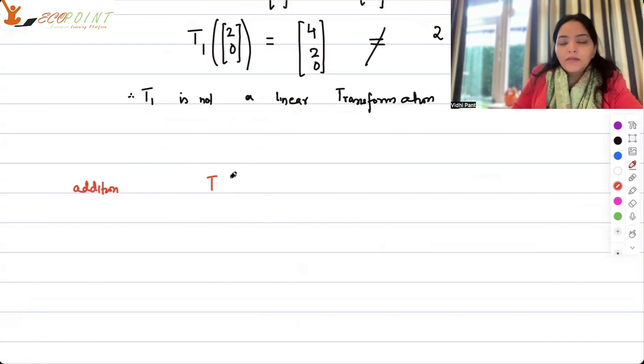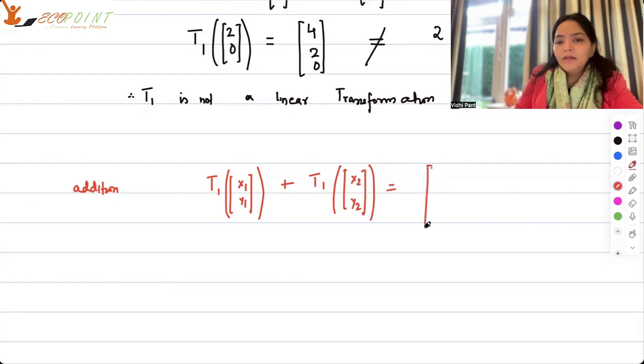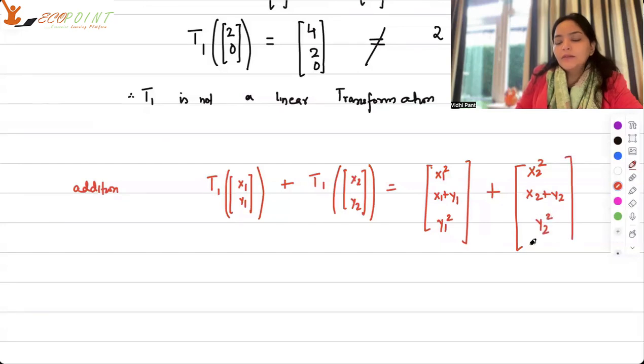Consider T1(x1, y1) plus T1(x2, y2). That will turn out to be (x1 squared, x1 plus y1, y1 squared) plus (x2 squared, x2 plus y2, y2 squared).